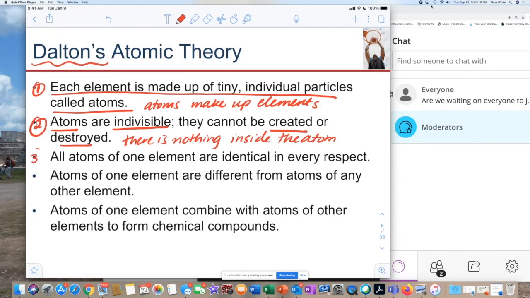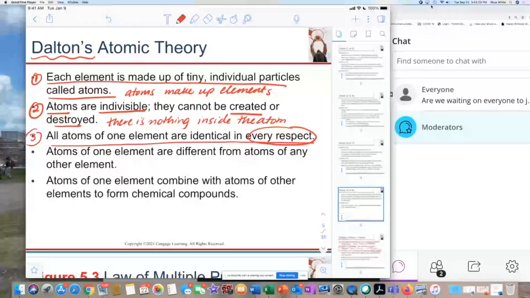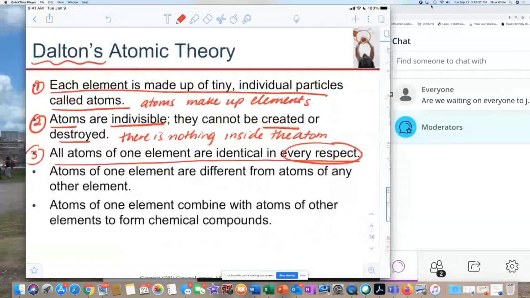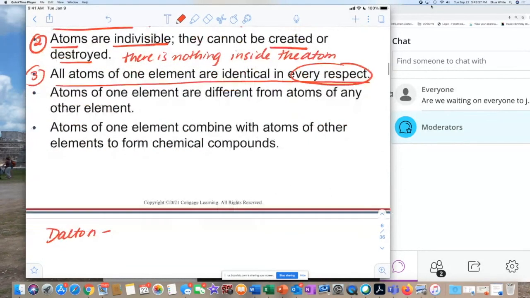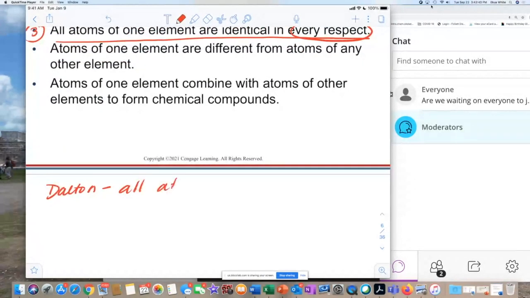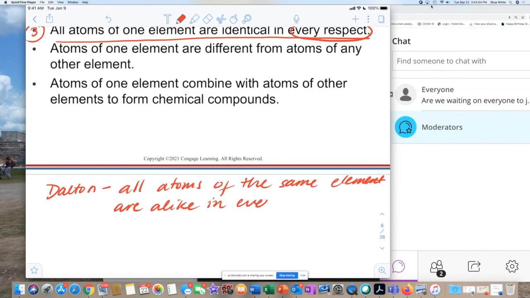Then he continues to say, all atoms of one element are identical in every aspect. The key words here being every aspect. So for number three, I want to add that Dalton is saying all atoms of the same element are alike in every way.